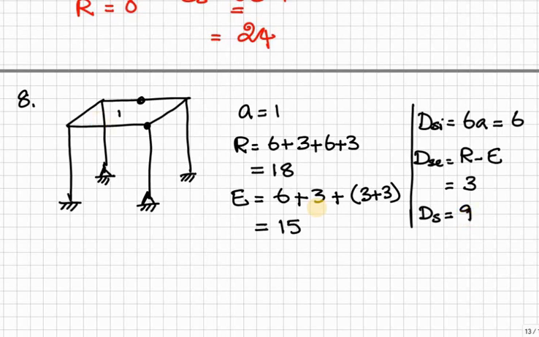Again, for method 2, you have to make cuts so that we will have 4 individual structures. Then we have to make all the joints rigid by applying some constraint or restraint.